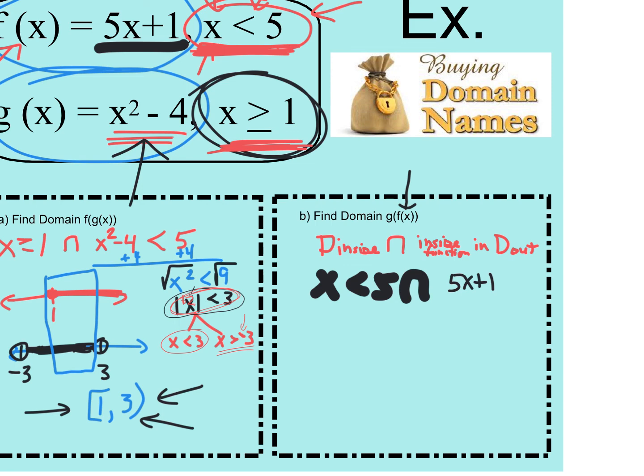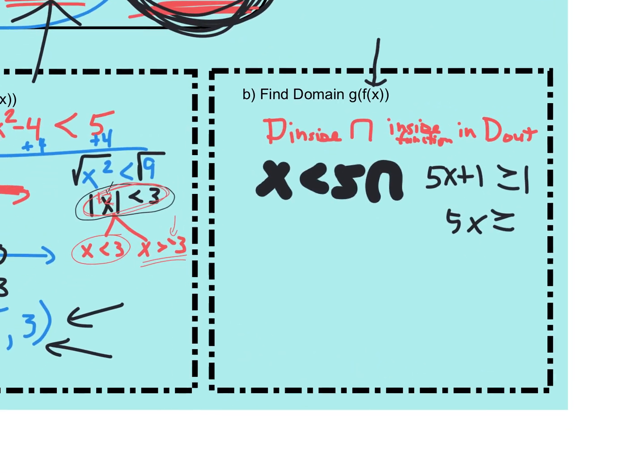Dang it. Sorry. 5x plus 1 goes into the domain of the outside function. The domain is this, so it goes in and this is greater than or equal to 1. So 5x greater than or equal to, double checking that I'm on the outside function, x is greater than or equal to 1. Yes, I'm doing it right, good.